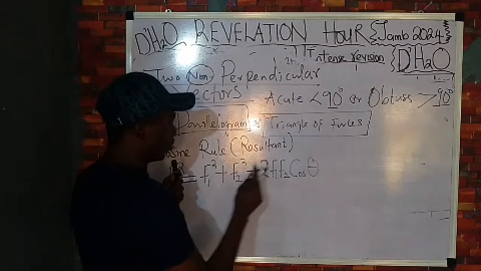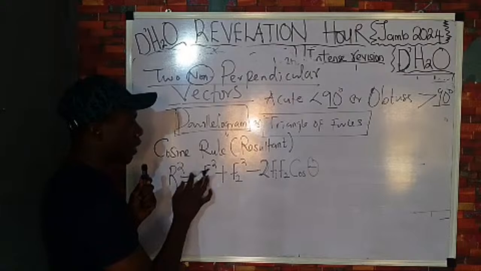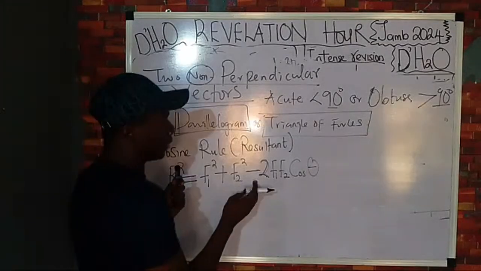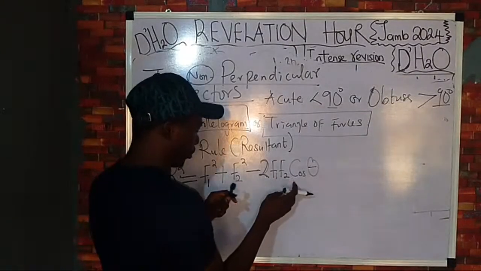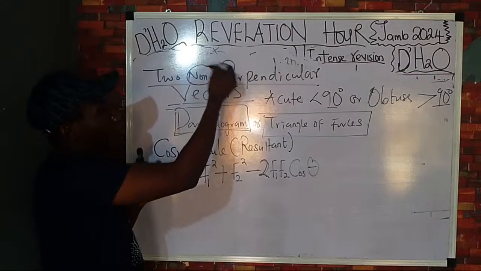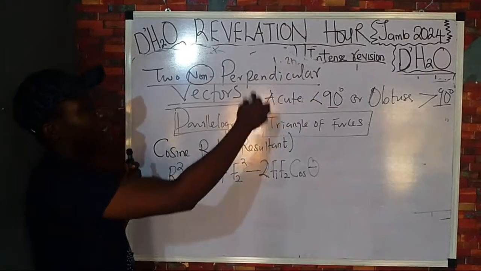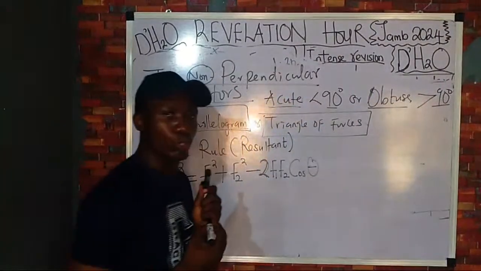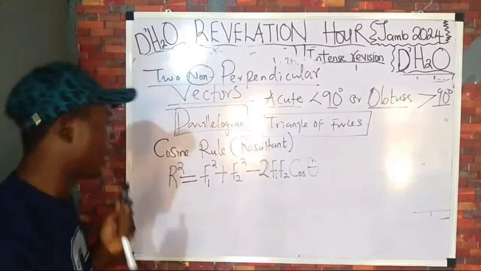The cosine rule is: R squared equals F1 squared plus F2 squared plus 2 F1 F2 cos theta. If the vectors are non-perpendicular, as in an acute angle or an obtuse angle, you must use your cosine rule.